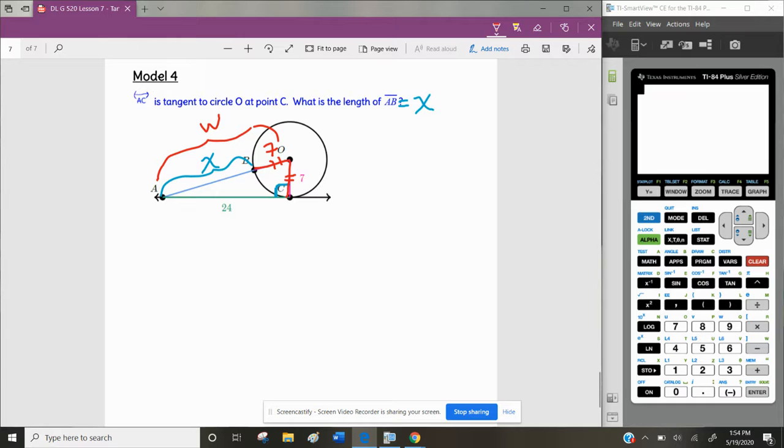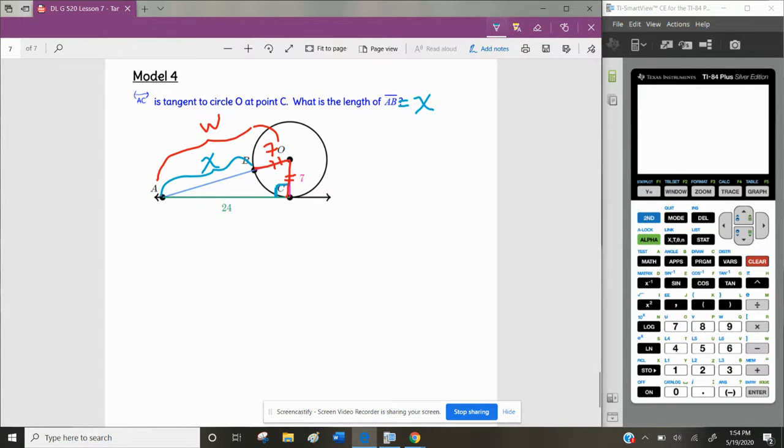So that's one way to do this. I have a right triangle, I can find the hypotenuse, and then just subtract 7 from it. If I don't want to do that, then I can write an equation with the Pythagorean theorem involving x, and I'll show you both ways. I'm going to do the more general way because I think the math is easier. We're going to find out.